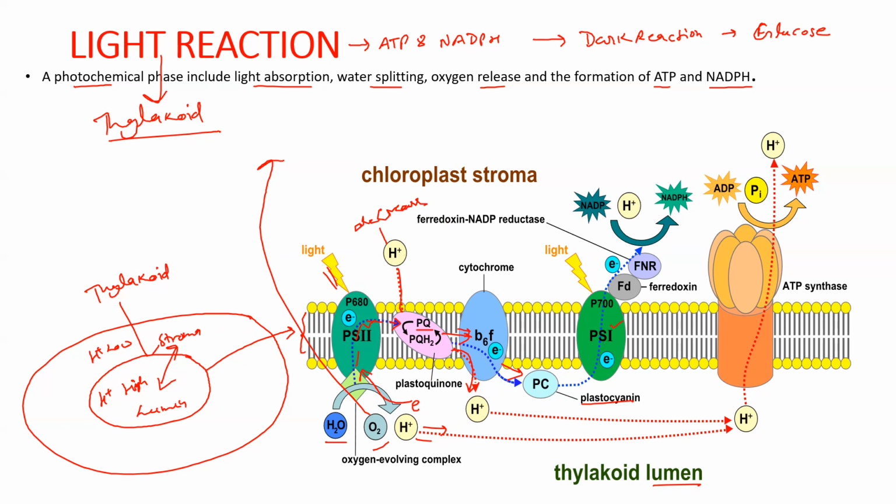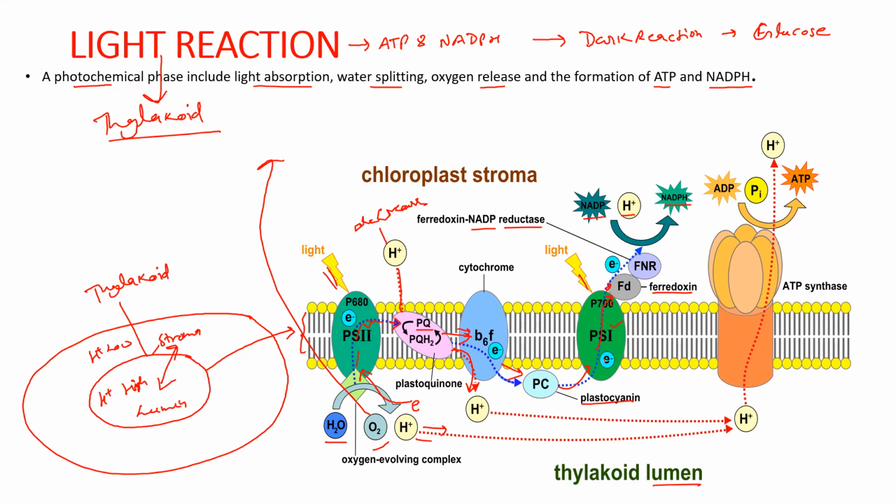So this is done by PS2. Now PS1 also absorbs the light, the electron gets excited and goes to a higher orbit, and it is transferred to the ferredoxin. Ferredoxin is an NADP reductase enzyme, which utilizes this electron and combines NADP and hydrogen to form NADPH. Because PS1 is also losing the electron, for replacing those electrons, plastocyanin transfers its electron to PS1.